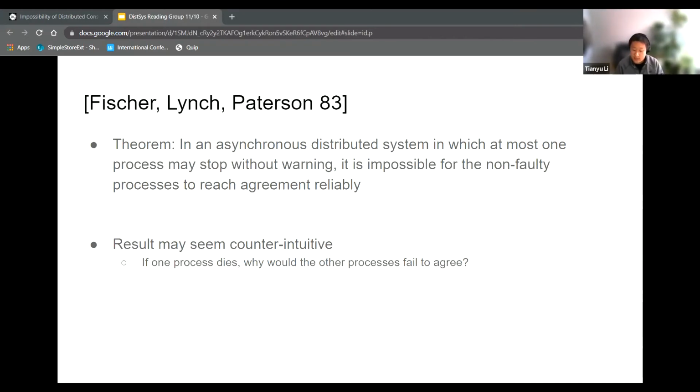With a fail-stop process model, intuitively you should be able to wait long enough to see, oh, that guy's dead. And then we just agree amongst ourselves to exclude the dead process and run the algorithm as if we're failure free, because we only have one failure. And even if you tell that to the rest of the system, they still can't do that. This is a very strong result.